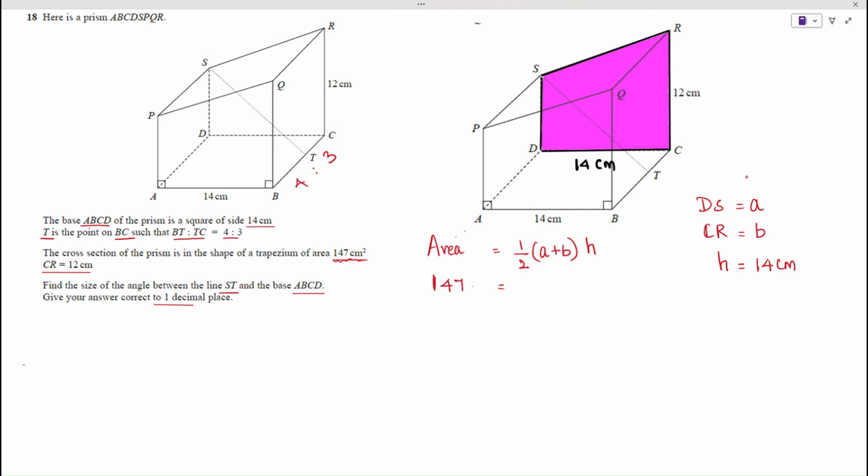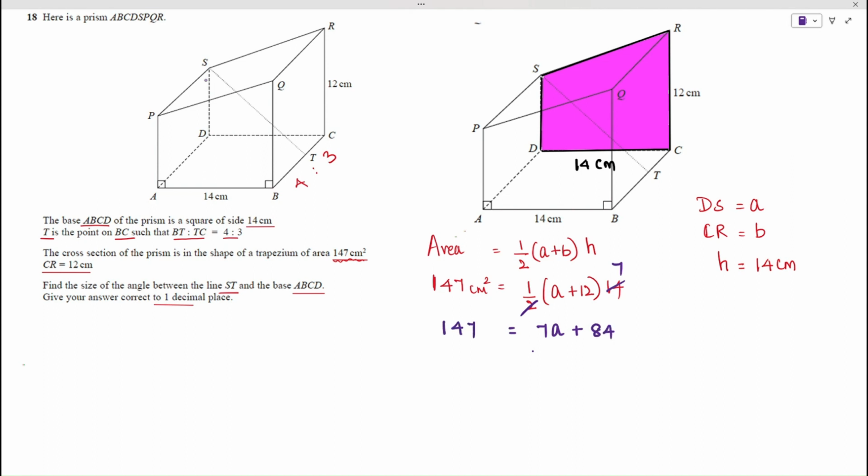So 147 is equal to half times A plus 12, times 14. So now if we start to rearrange, we get half times 14, which is 7. So 7 times A plus 84 is equal to 147.